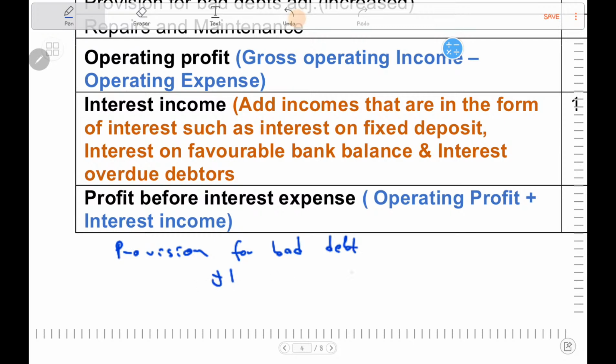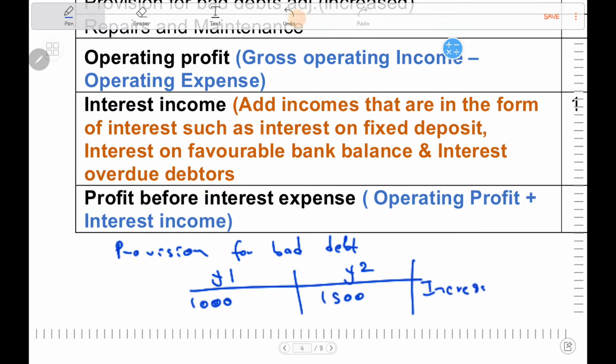Just say year 1 and year 2. If you notice that from year 1 it was 1,000, then in year 2 it's 1,500, it means that it is increased, it has increased. And when it has increased, then it is an expense.